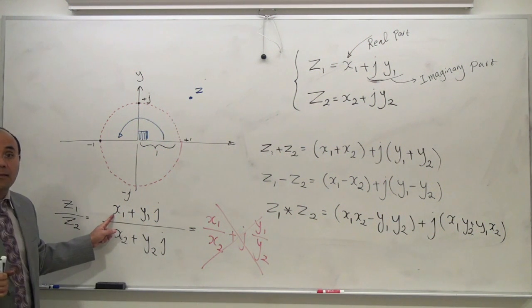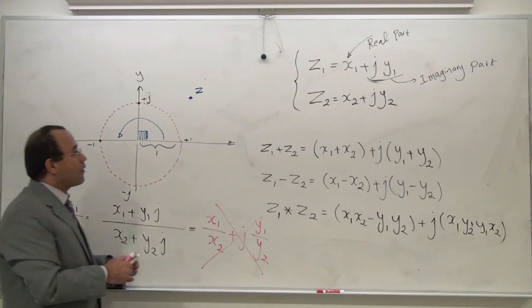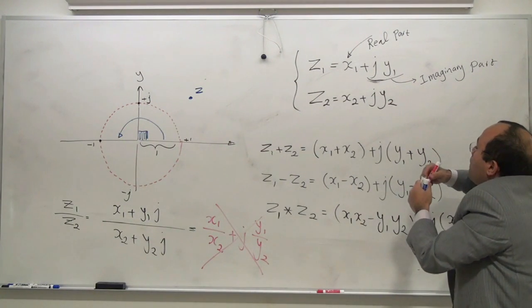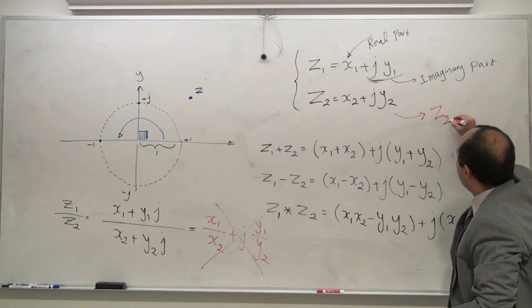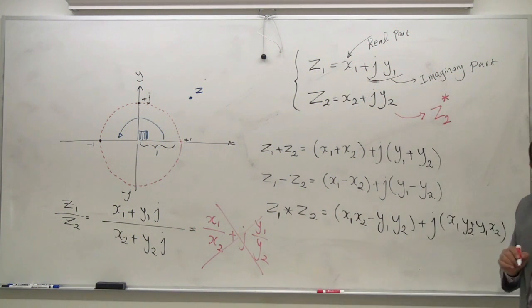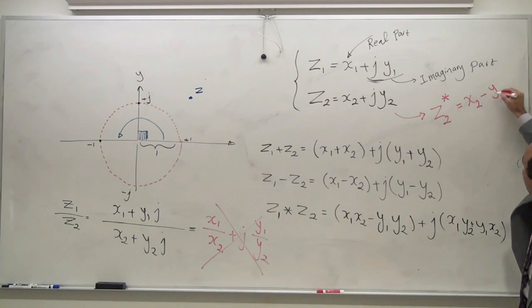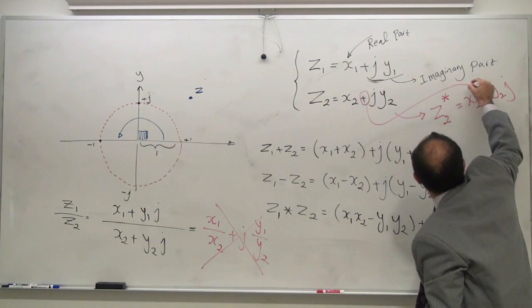In order to do that, you may remember we had something called conjugate number. If you have x1 plus y1j or x2 plus jy2, the conjugate of z2, which is usually shown by this, is equal to x2 minus y2j. Whatever it is, this sign is going to change.